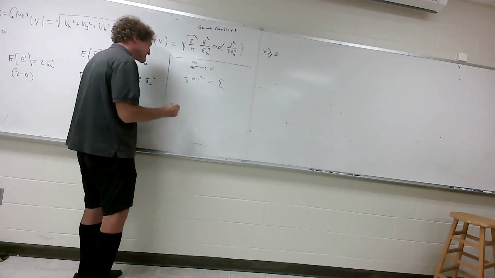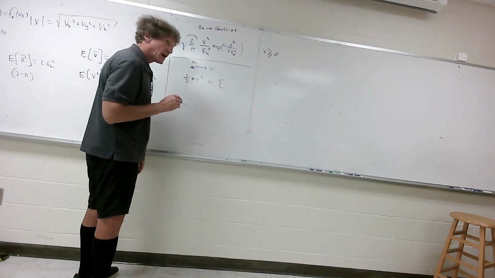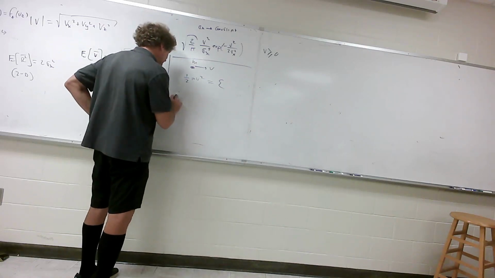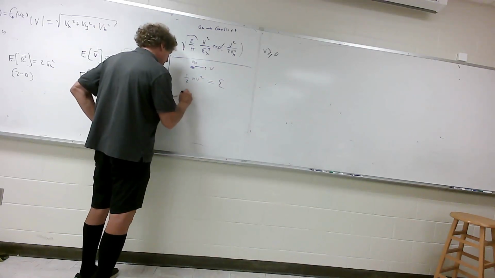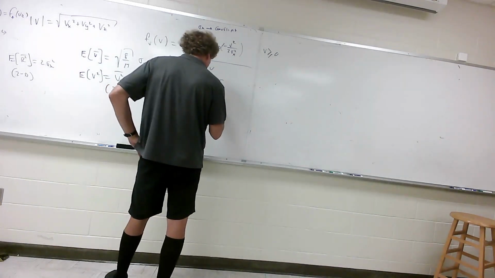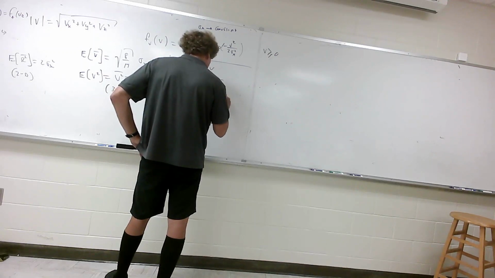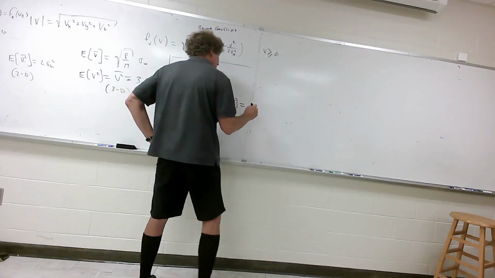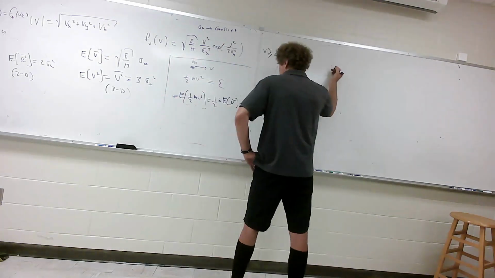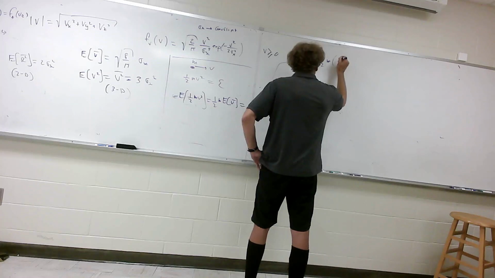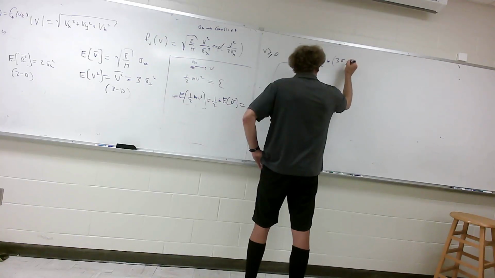If you look at the expected value of the energy in the molecules in a gas, you get the expected value of 1/2 mv squared, and that's simply 1/2 m times the expected value of v squared. And that happens to be, and I'll put it up here, 1/2 m, and this becomes 3 sigma.